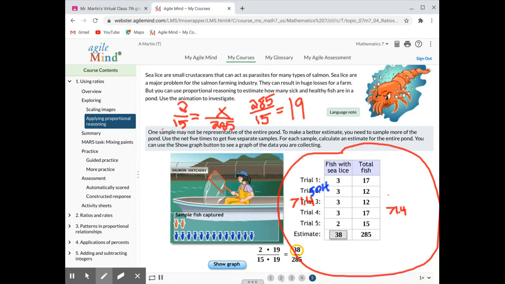Add them. Okay, we could add them up, and then what would we need to do? If I was trying to find out about how many are sick, what could I do? Add the sick fish.